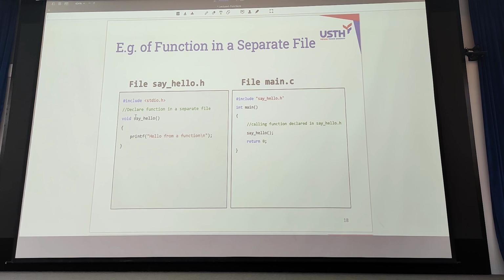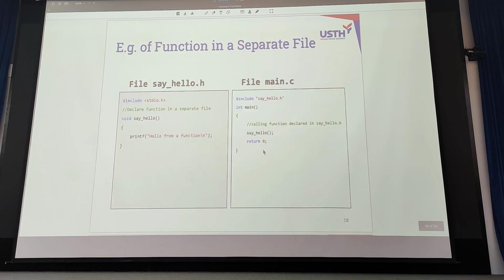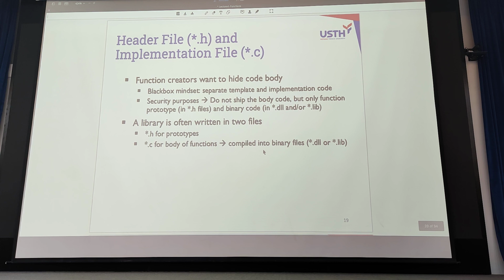You can keep the function declaration in another file, named .h, then include this header file in the main .c file and call the function. You can try it. So we distinguish between the header file and the implementation file, .h and .c.